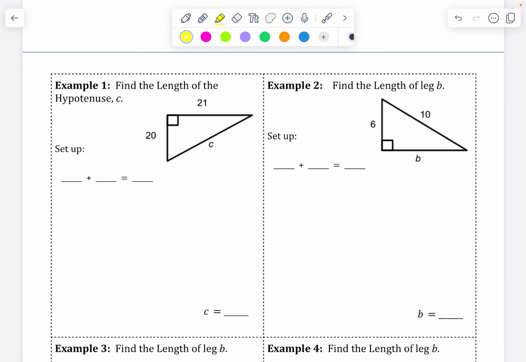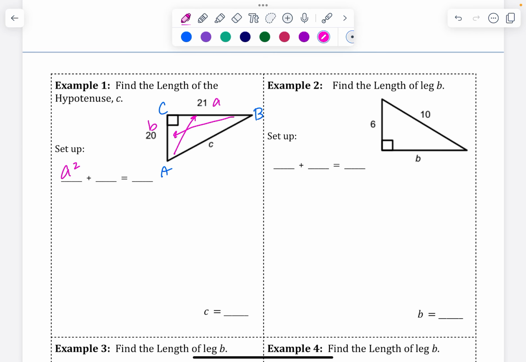All right, it says example 1, find the length of the hypotenuse C, right? So this triangle is not really labeled, but let's go and label it. All right, so across from angle B is side B, across from angle A is A, and we see that across from angle C is side C. Right, so I'm going to go and set it up.